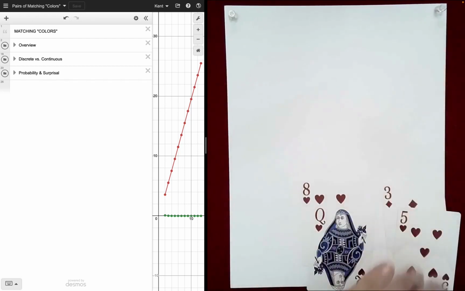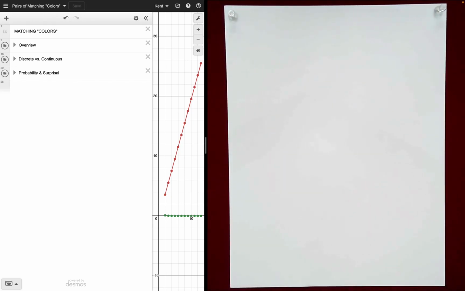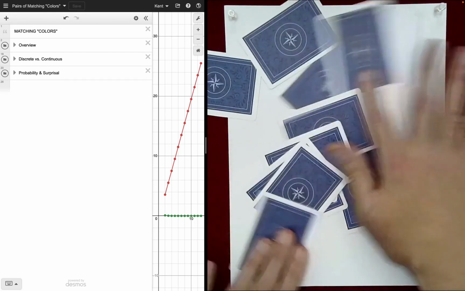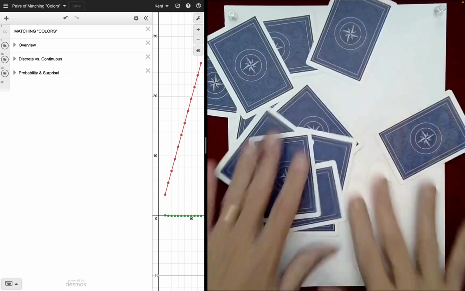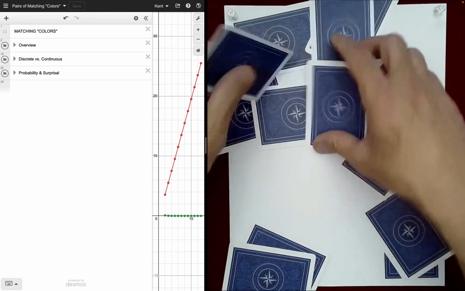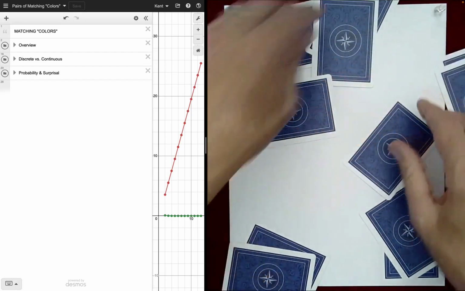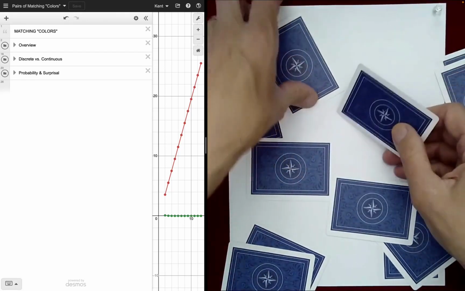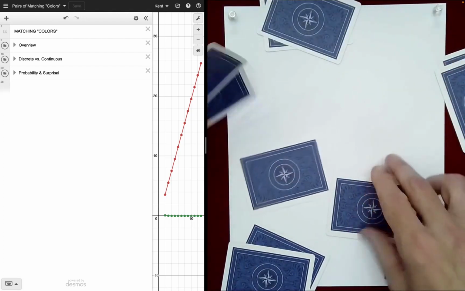Another way to think about it is, how likely is it that if you just genuinely mix the cards, and then you just started making pairs? Okay, I'll pair these together. Pair those together, maybe these two together, and so forth. I mean, what are the chances that these all match in color?